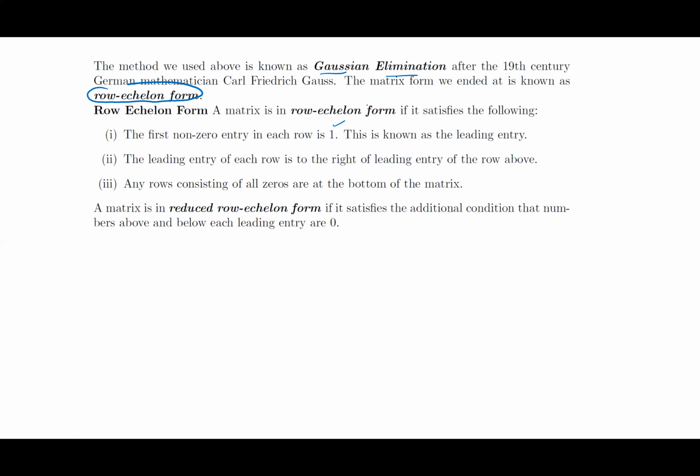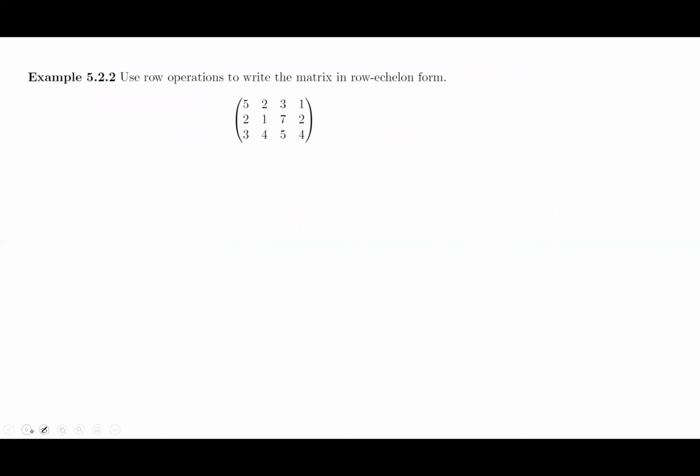So everything to the left of those leading entries would be 0. Okay, and then we could also put this in reduced row echelon form if we essentially turn it into this, where you have 1s on the diagonals and then 0s everywhere else. And then you got whatever that last column is, okay? So that's a reduced row echelon form, okay?